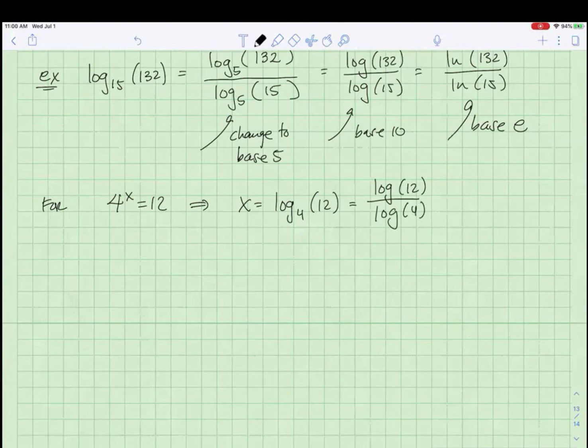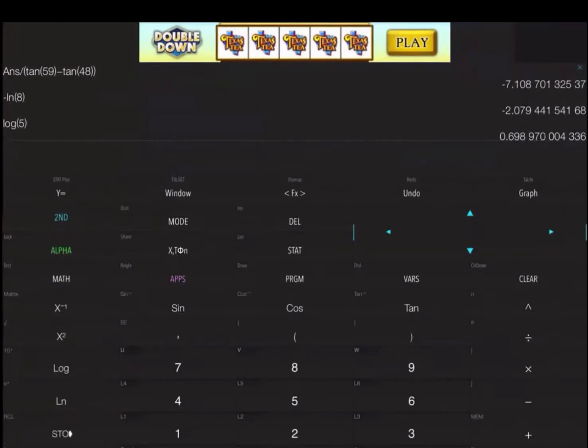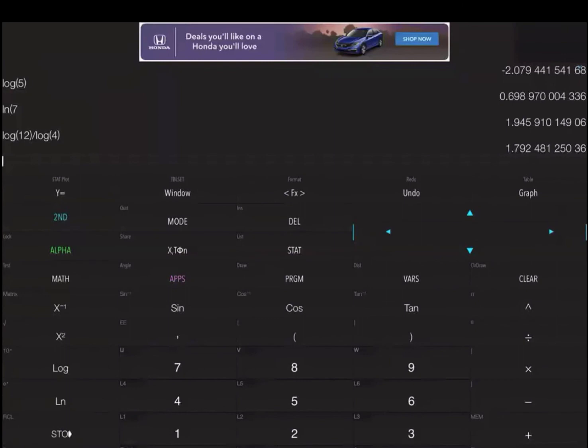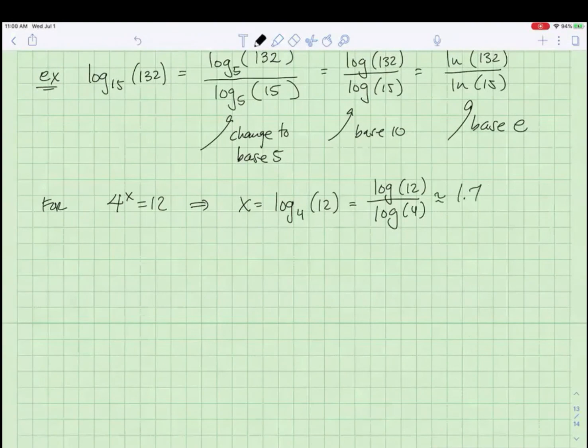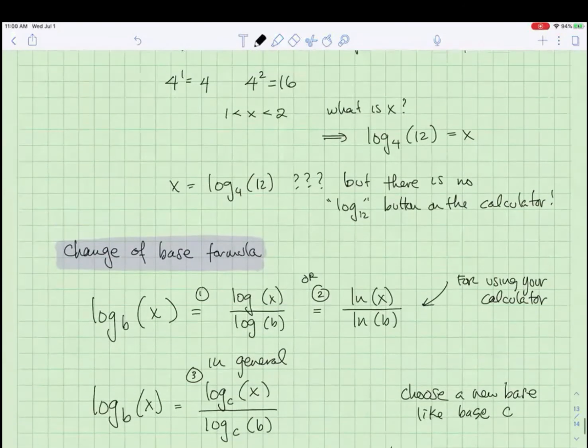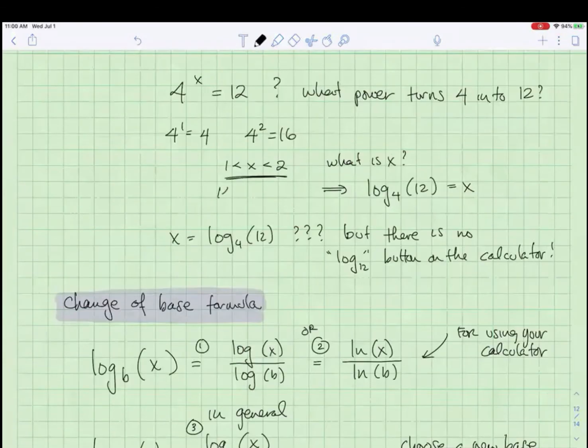And if we break out our calculator, we have the log of 12 divided by the log of 4, and the value we get is about 1.792481, 1.792 approximately. And we'll note that that is a power between 1 and 2, as we stated up here.